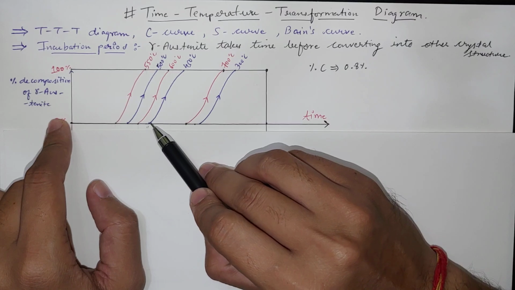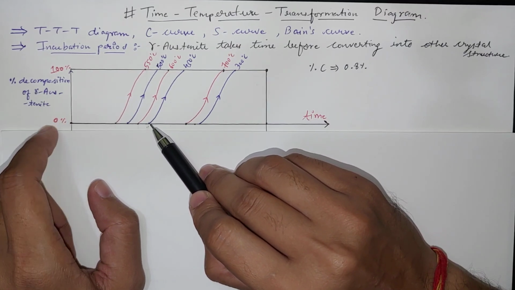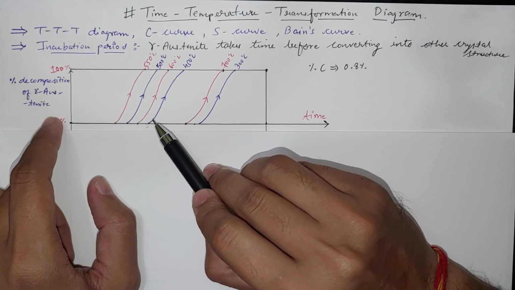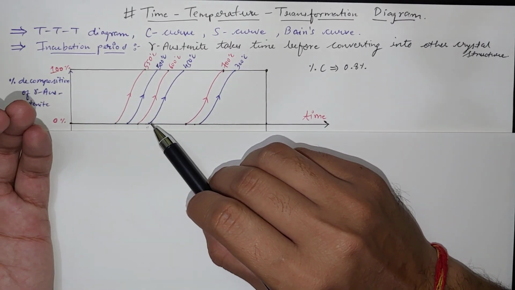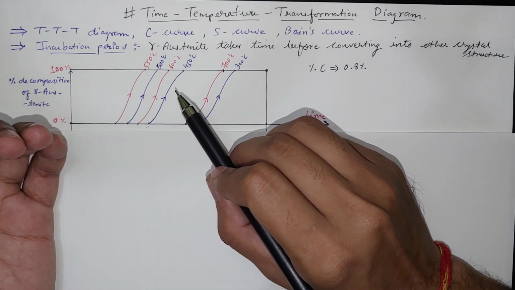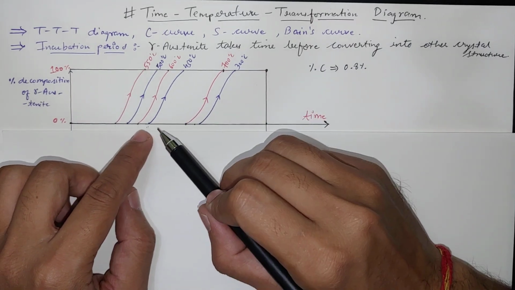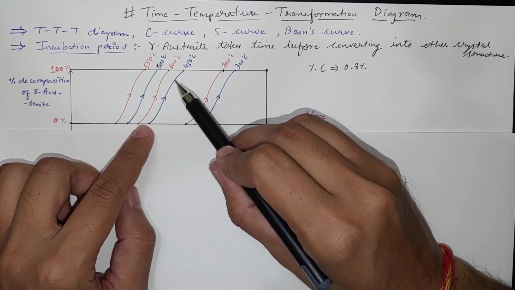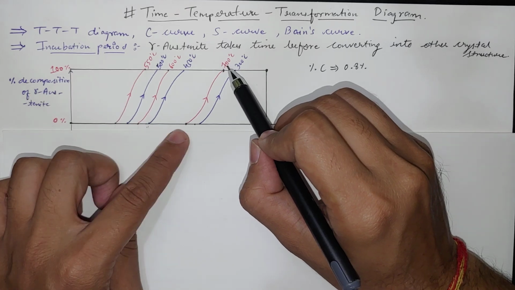Further, if we reduce the temperature to 450 degrees Celsius, then here gamma austenite in all the cases is above 720 degrees Celsius, because at 727 degrees Celsius it starts to decompose into other crystal structure. From that we cool at a constant temperature of 450 degrees Celsius, or at any other temperature, such as 700 degrees Celsius.